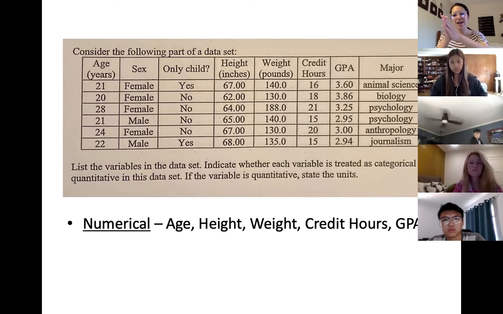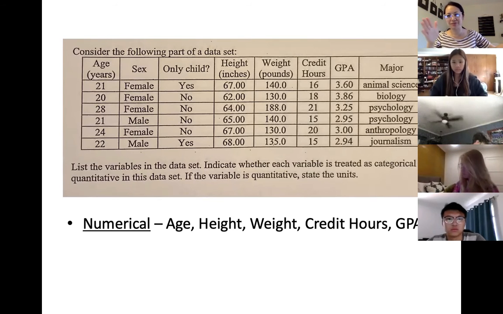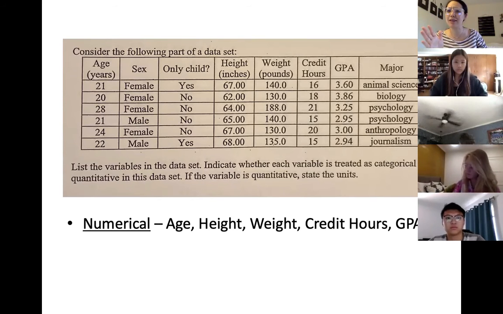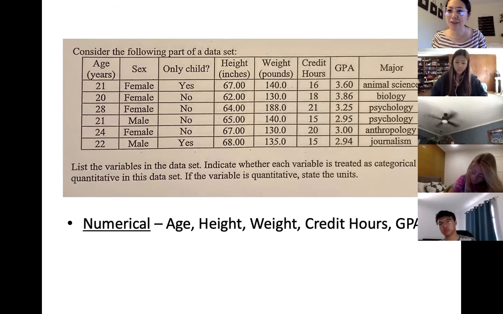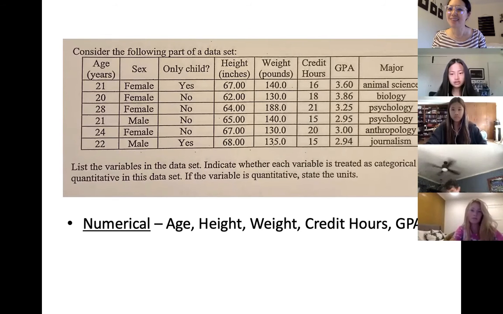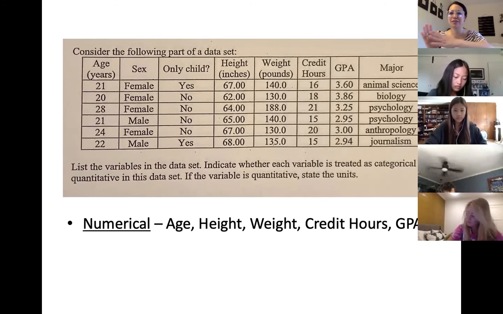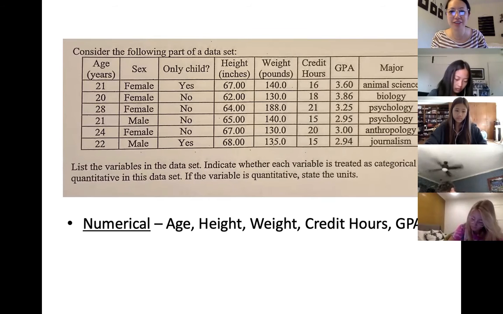It would be a shaded region, anywhere from 0 height all the way to the tallest person, and you could be anything in between. So that would be continuous. What about weight? Continuous. Good, yes. Because you can be anything from 0 to like 500 pounds and everything in between. So it'd be a shaded region.